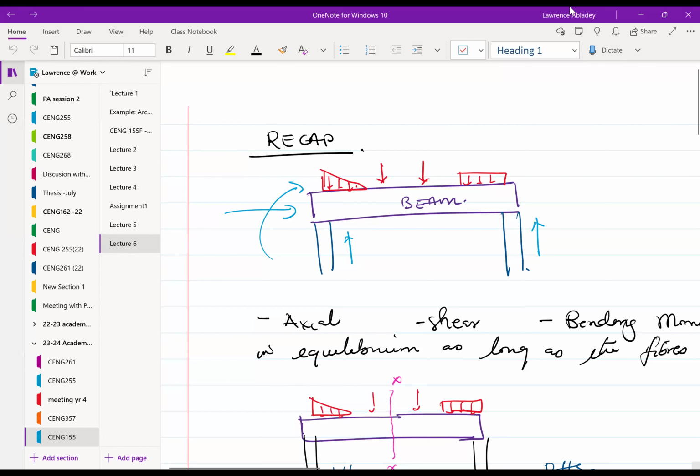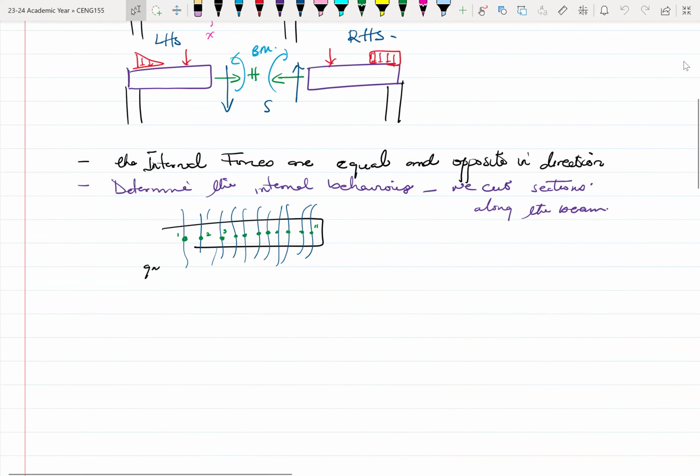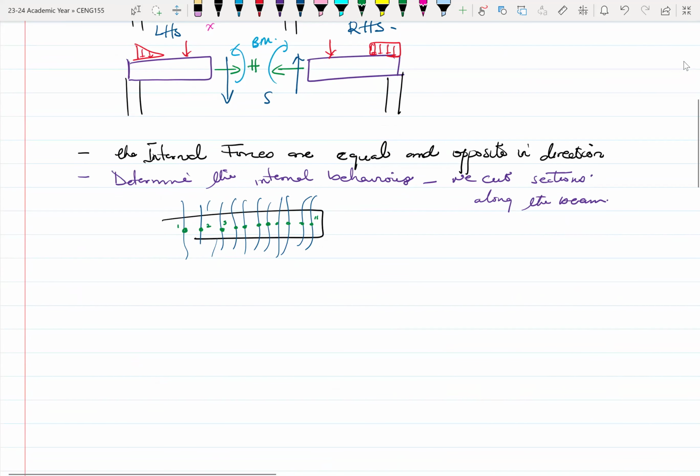And the word convention here simply means an agreed process or an agreed procedure.